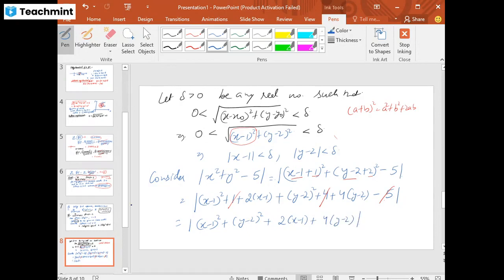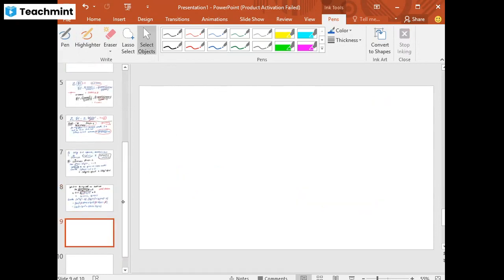Now we are going to use the property of modulus, that |a plus b| is always less than or equal to |a| plus |b|.